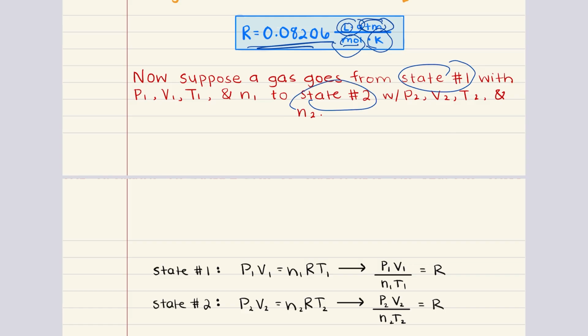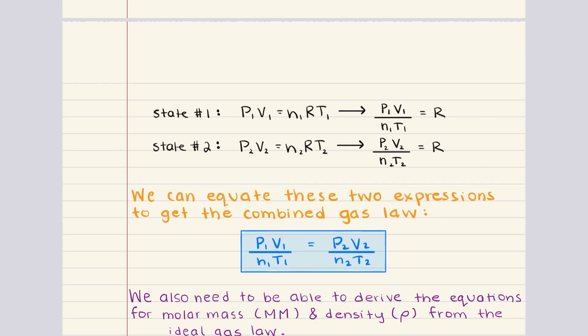We need a way to relate the initial and final conditions mathematically, and that leads us to an important application, the combined gas law. To derive this equation, we simply start by writing the ideal gas law for the two different states of the same gas sample.